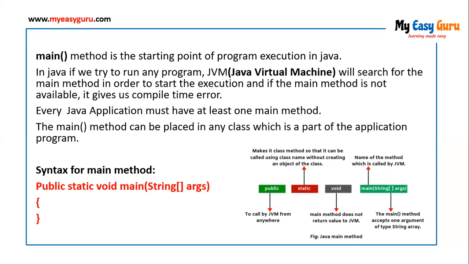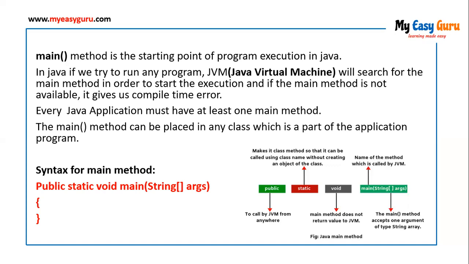So let's understand. Without the main method, the Java virtual machine, that is JVM, will not execute the program. The syntax for this main method is public static void, and then we write main.